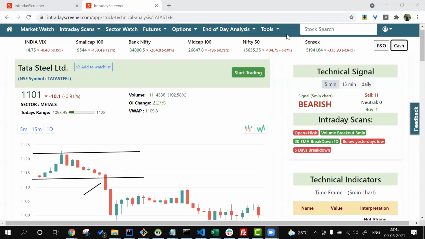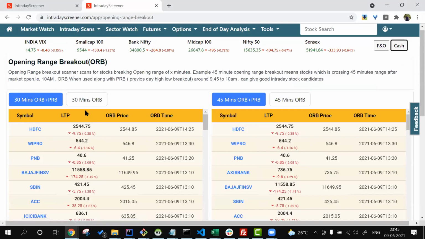So again, this is a stock scanner which is used for price action trading, and people who use the opening range breakout strategy can use this to filter out ORB stocks. Another good version of ORB is ORB plus PRB. That means the opening range is broken as well as the stock is above the previous day high or low.